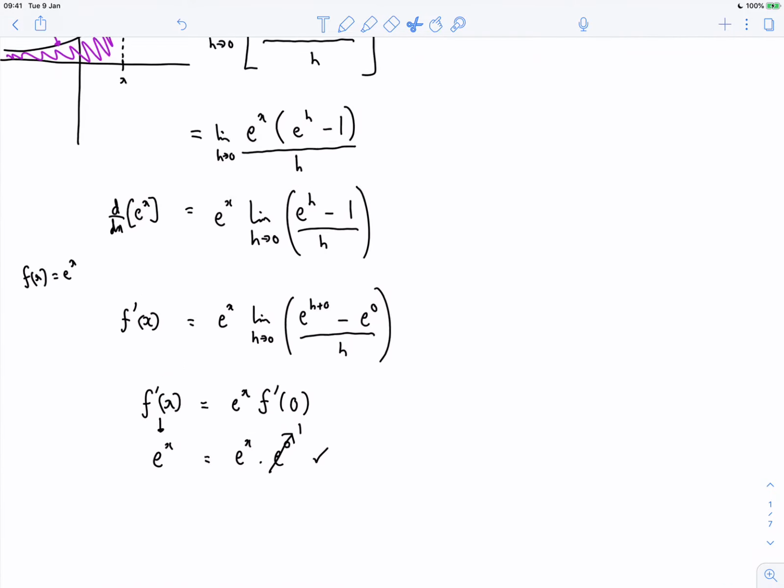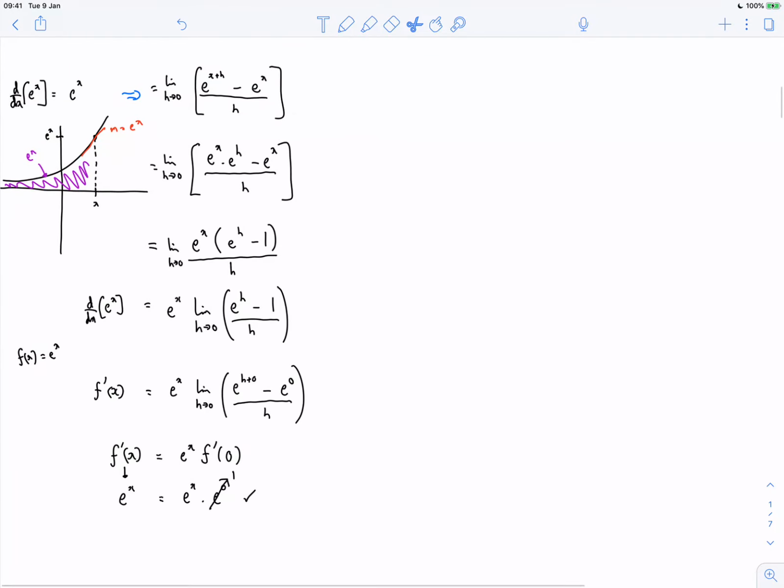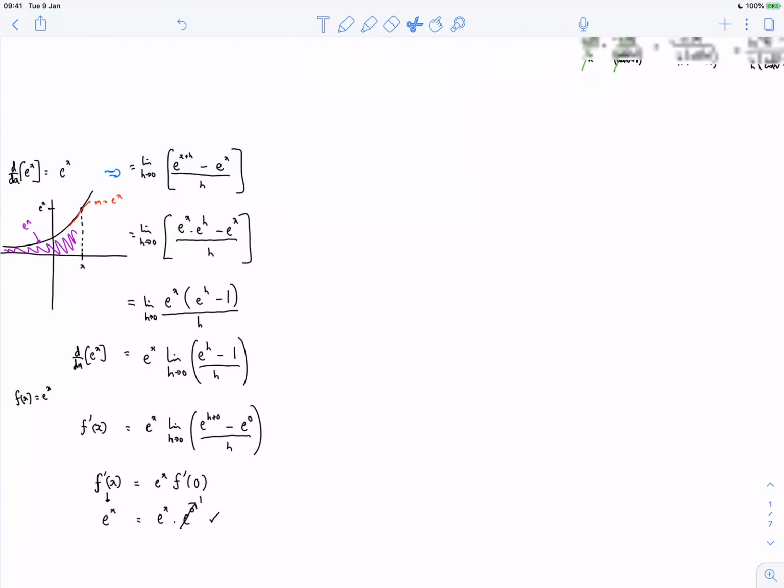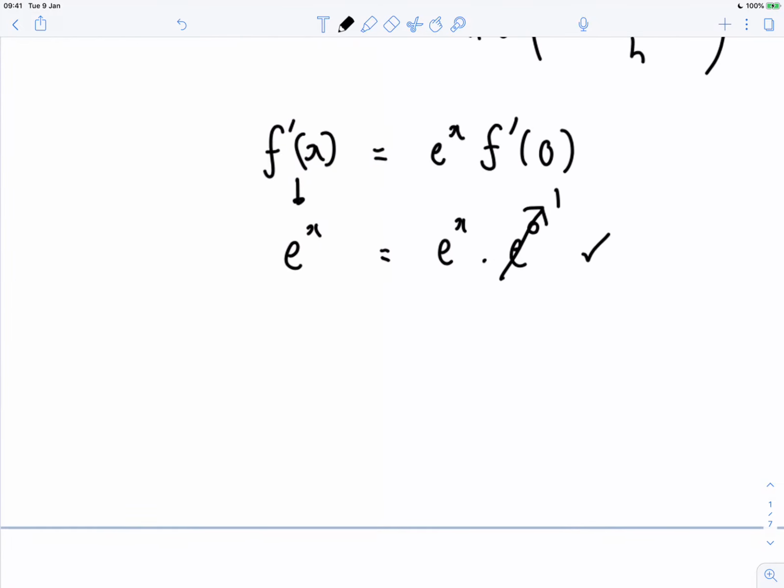Now, to prove that the natural log differentiates to 1 over x, we've got to look at the exponential in a slightly different way. Now, there's various ways of doing this. Indeed, we need to look at the Taylor series, which we'll do later.